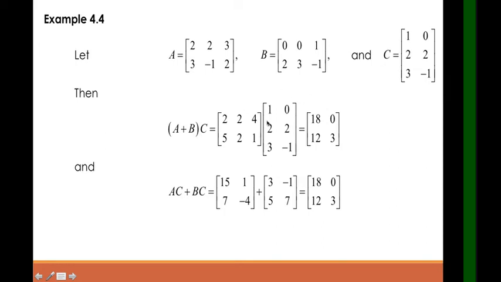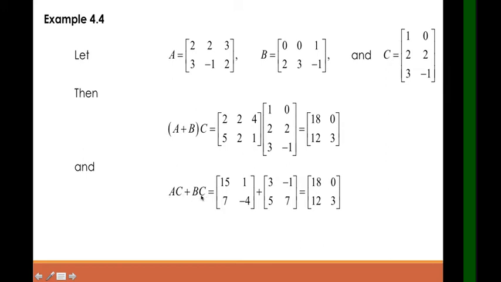So C is this one, right? And using row times column, you will get an answer of 18, 0, 12, and 3 as your final answer for the product of A plus B and C. How about this one?